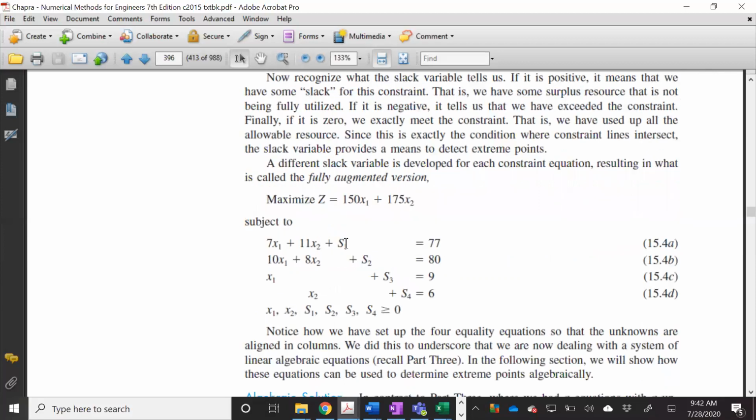First equation is S1, second equation is S2, third equation is S3, fourth equation is S4. Only four: S1, S2, S3, S4. These must be greater than or equal to 0, as in the nonnegativity constraints from the graphical solution.